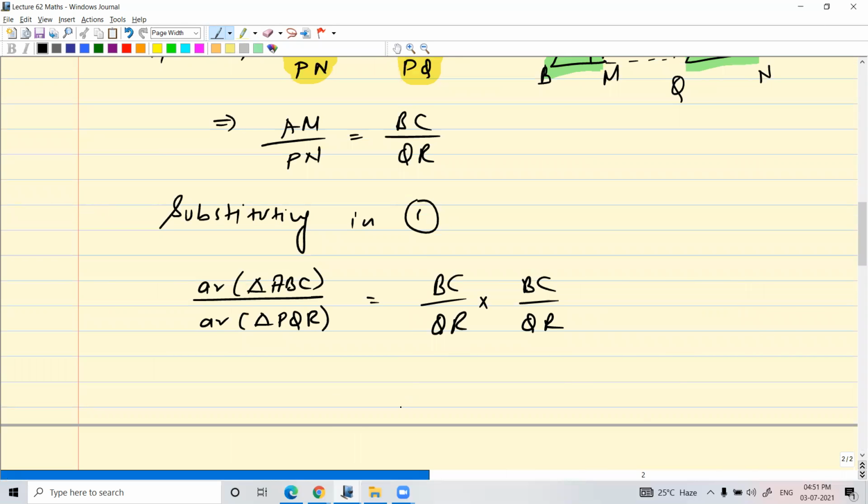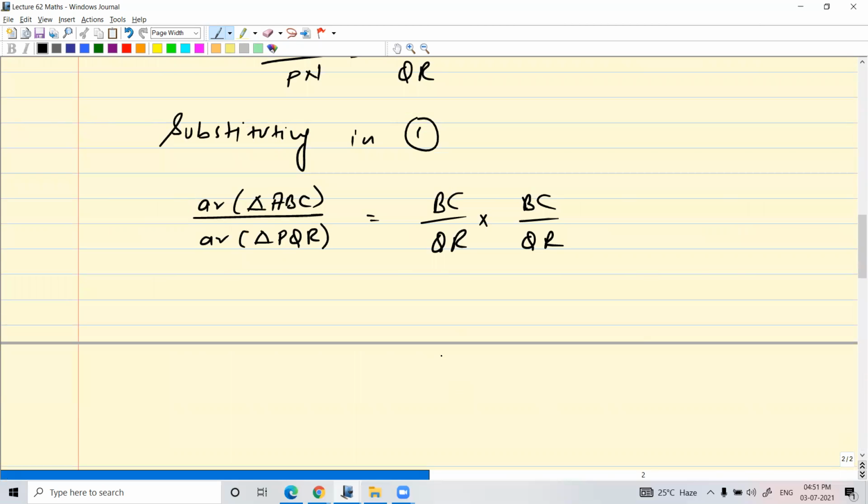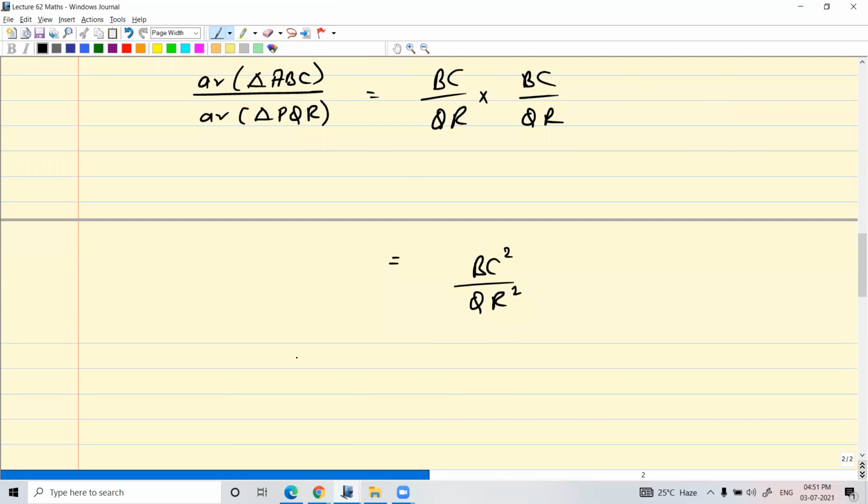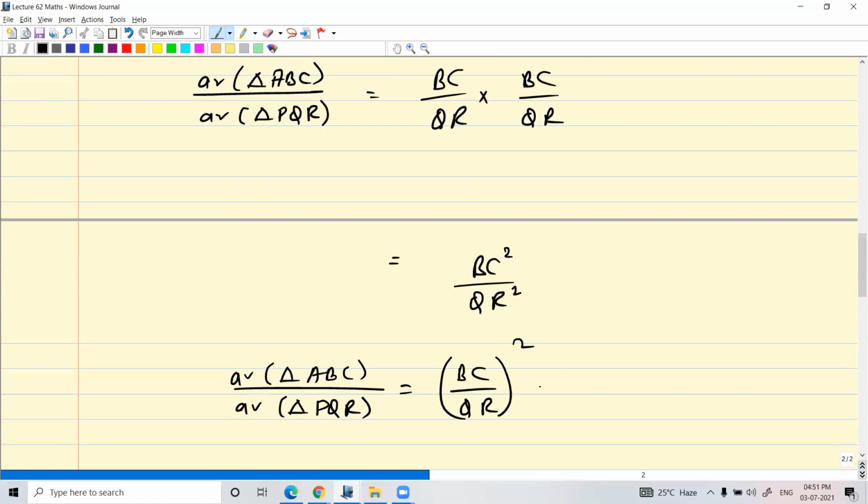Okay, so now you see that this ratio becomes BC square by QR square, which is equal to the square of the corresponding ratios. We can write it as area of triangle ABC by area of triangle PQR is nothing but BC by QR whole square.